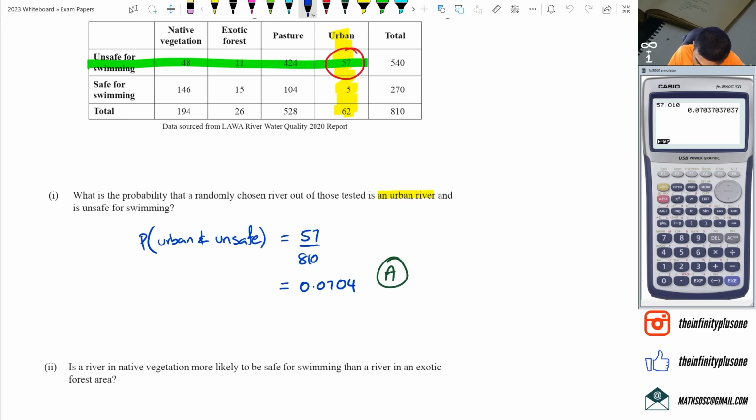So the probability of safe, given that it's native, is 146 out of 194. Then the probability of safe, given that it's exotic, is 15 out of 26. So those are the two probabilities there.